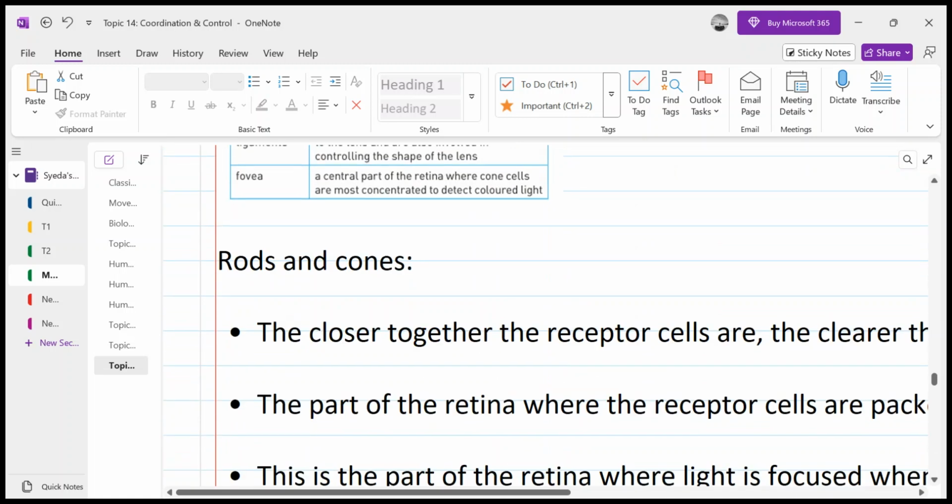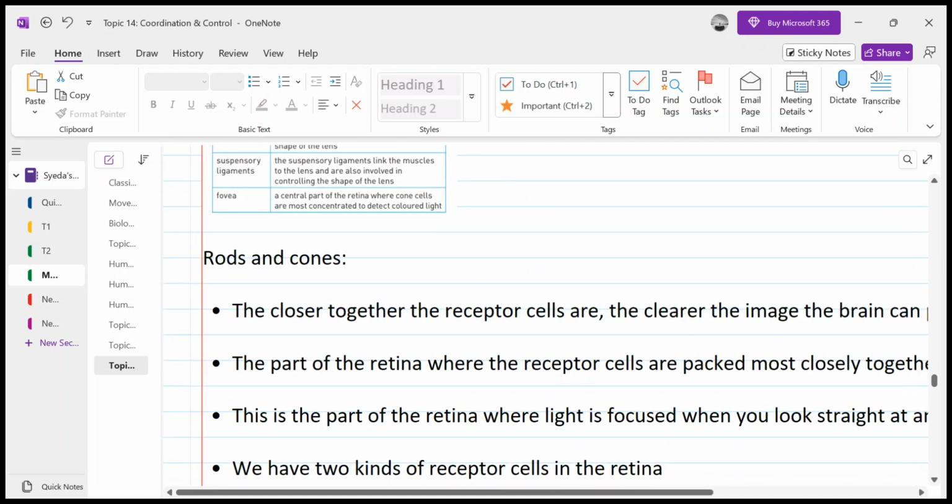Rods and cones are two types of receptor cells, and their functions are different. As you know, light can be either bright or dim. Have you ever thought about how you see things when there is bright light, and how you see the same things when there is dim light or no light?